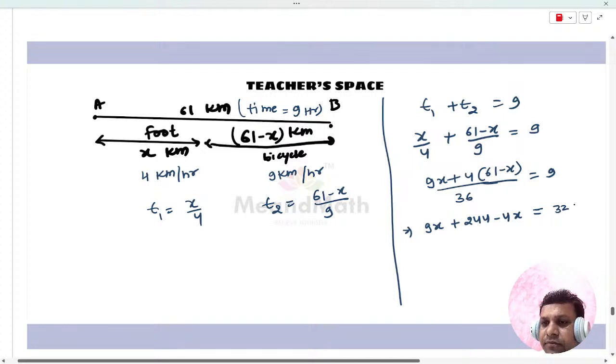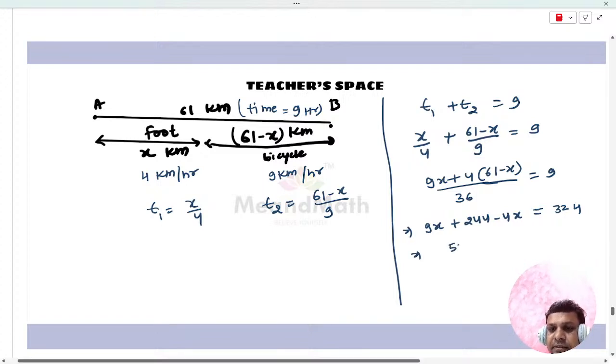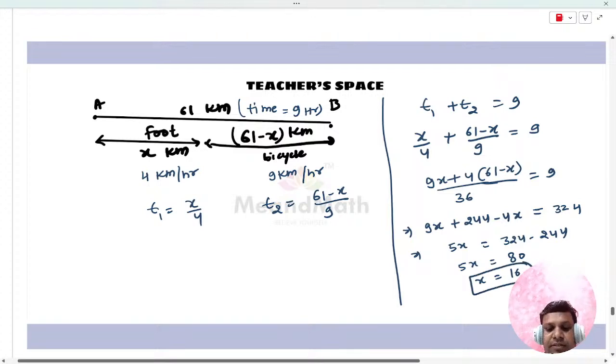It's 324, since 9 times 36 is 324. So 5x is equal to 324 minus 244. So 5x is equal to 80, x is equal to 16.